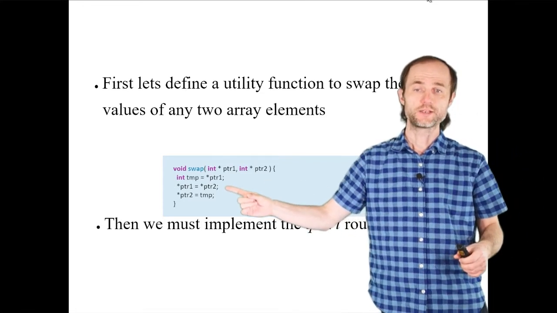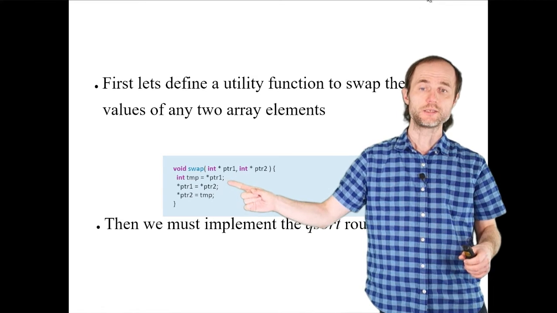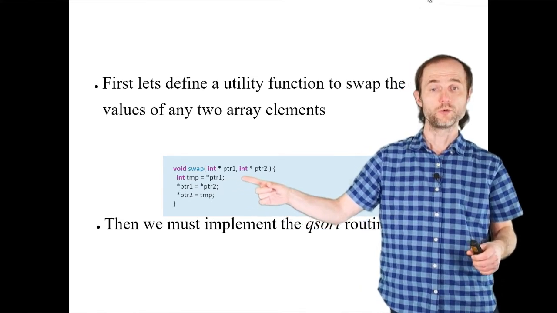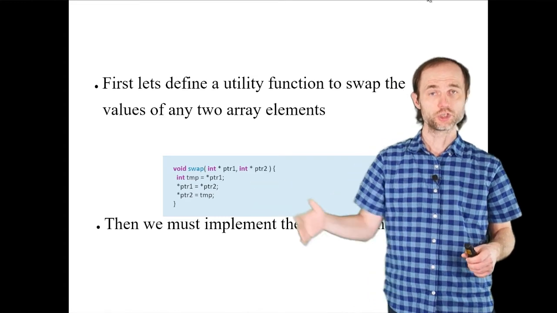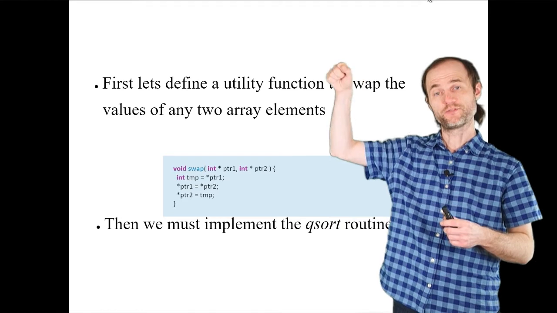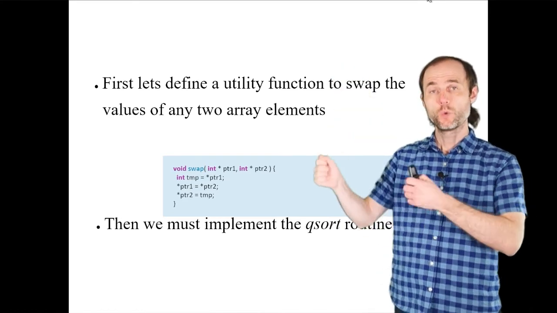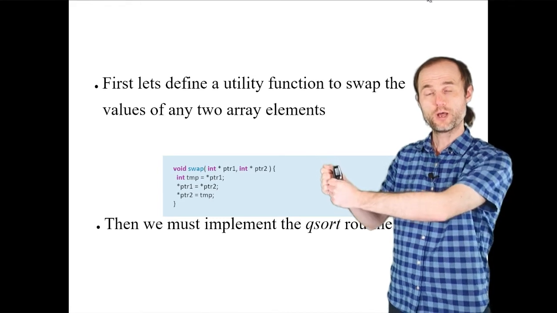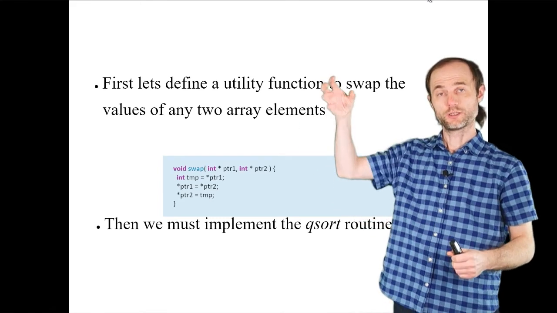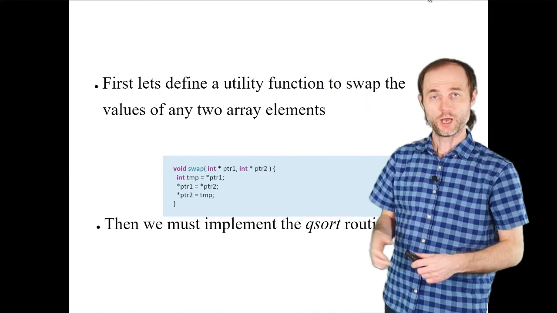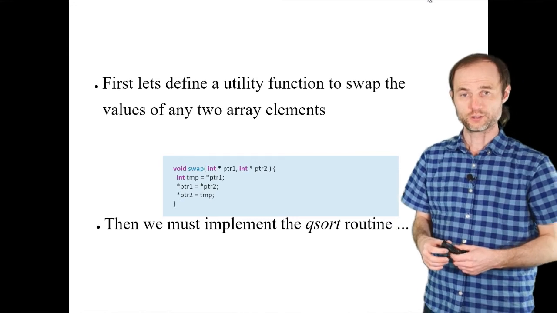So that temporary value is int tmp, that is equal to the value at the first pointer's location. And then once we've put that value in the pocket, this temporary pocket, we're going to take pointer 2 and copy the value to pointer 1. And then we will take the value from the pocket and put in pointer 2. So that way we swapped the two values.